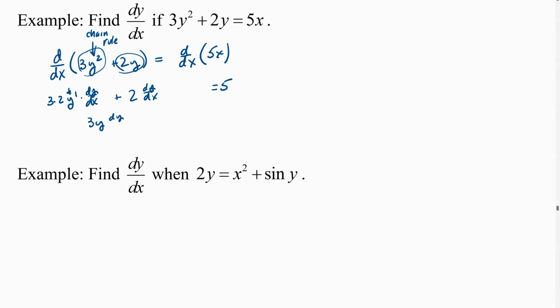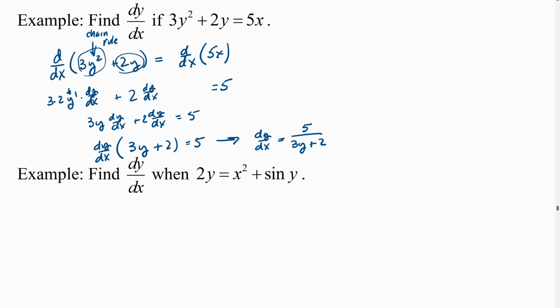Our next step is to factor out the dy/dx's. So I'll pull that dy/dx over to the side, and I get (3y + 2) dy/dx equal to 5. And then if I solve for dy/dx, I get dy/dx must be 5 divided by 3y + 2.